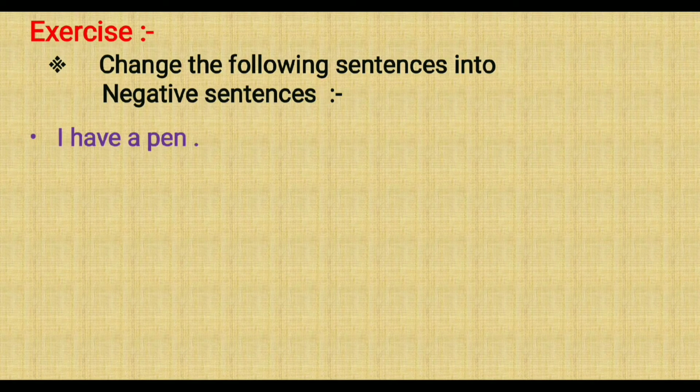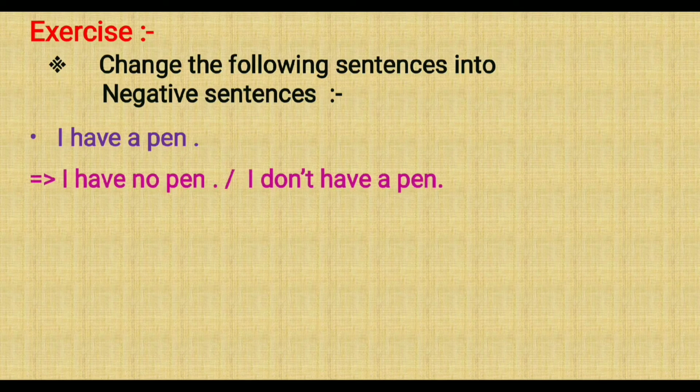So let's do. First is, I have a pen. Here we can write the answer in two ways. One is we use no with have, and the second way is we use do not with have. Let's see what the answer will be.